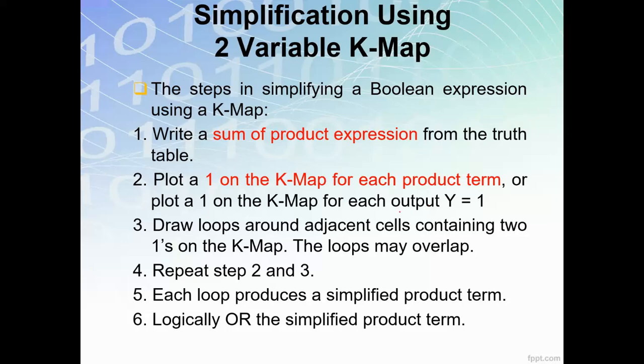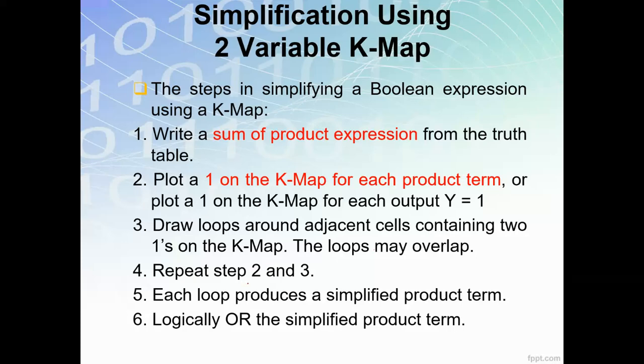Where the output is 1, we plot it in the Kmap, transforming it into a Kmap, and draw loops around the adjacent cells containing 1s on the Kmap. The loops may overlap each other, and you can repeat steps 2 and 3 until there is nothing left outside the loops, or until you have finished everything, then you stop.